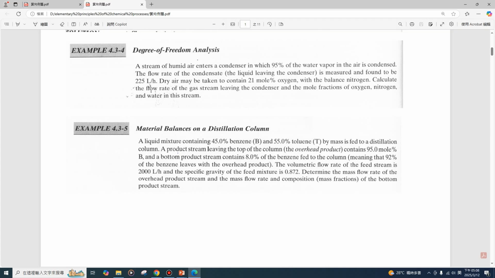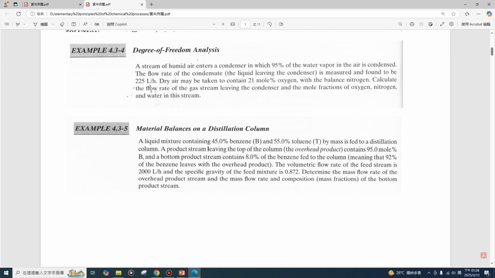Okay, this is example 4.3-4, degree of freedom analysis. A stream of humid air enters a condenser in which 95% of water vapor in the air is condensed. Oh, this efficiency is very good, right? So 95% of water will be condensed. Only 5% will be in the output air. So you feel comfortable. Okay?